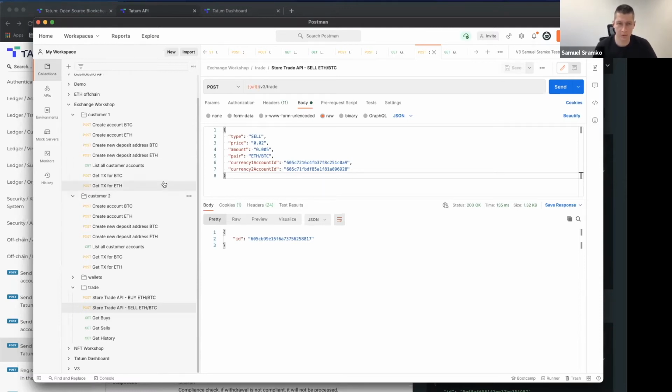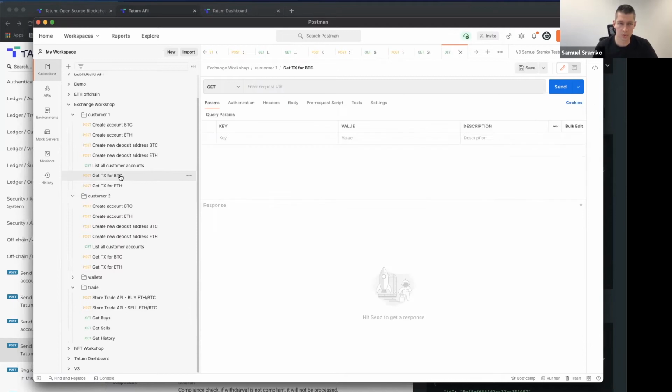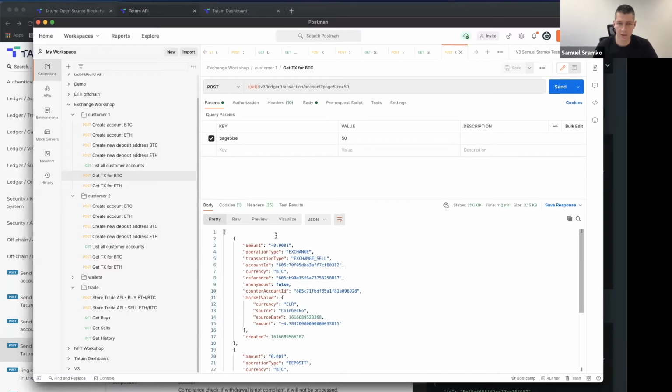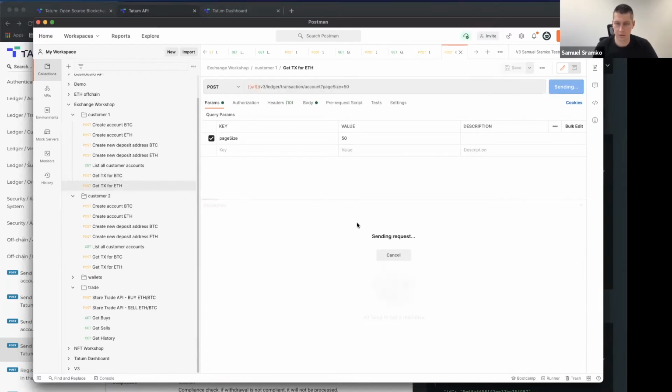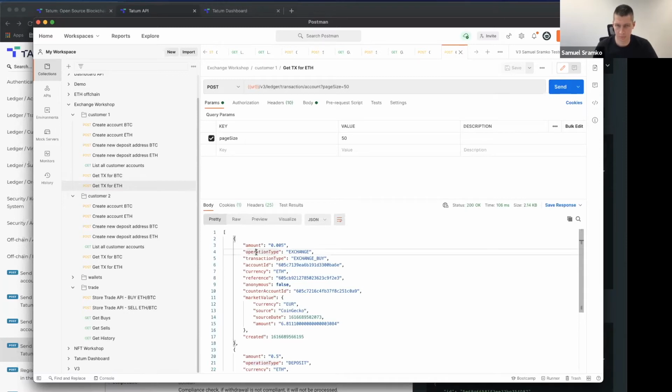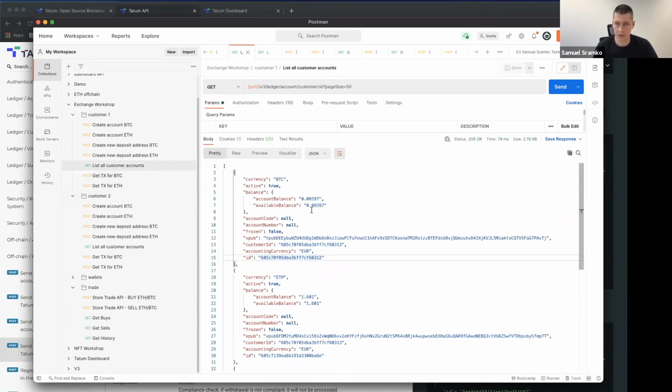So when I take a look right now at the list of currencies on the Bitcoin account for customer number one, we can see that he sold his Bitcoins and he bought Ethereum. So his trade was filled and the balances of his accounts got increased and decreased. This is the previous balance of his accounts.